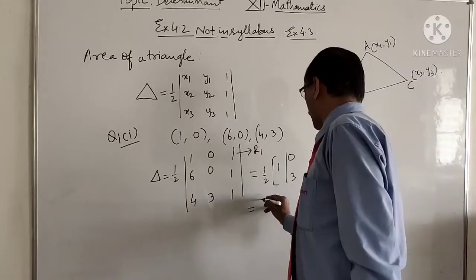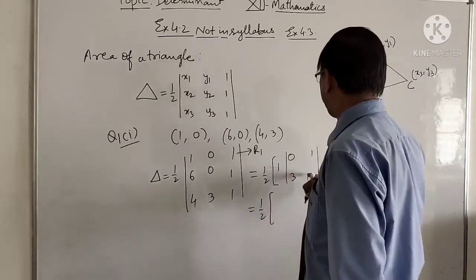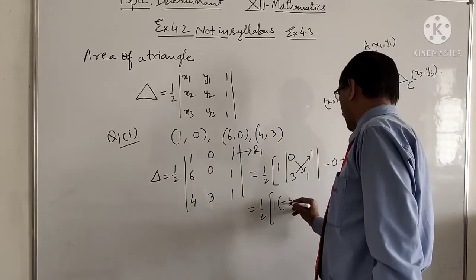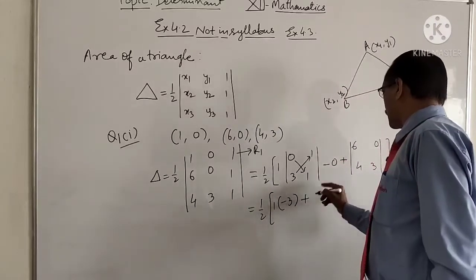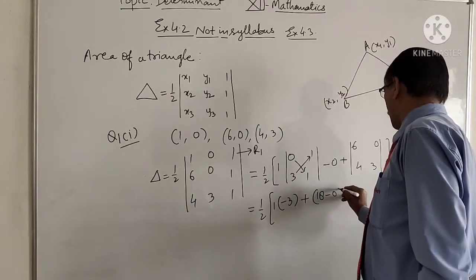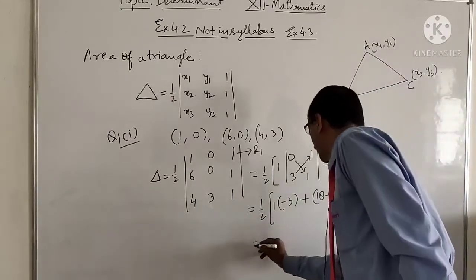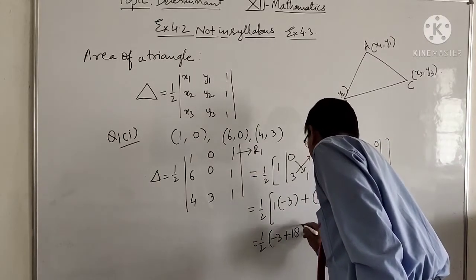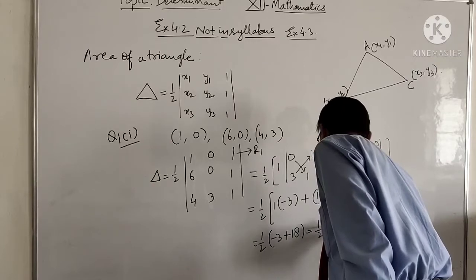Then it is 1 upon 2. Now we expand it. There is 1 into minus 3 plus this will be 0, 18 minus 0. It is 1 upon 2 into minus 3 plus 18. Then it is 1 upon 2 into 15.